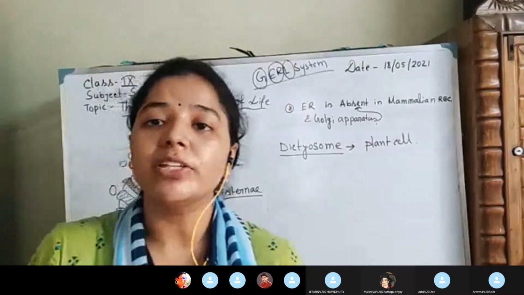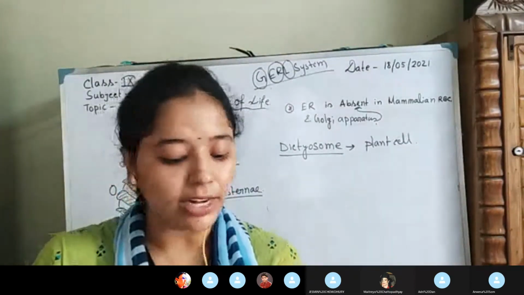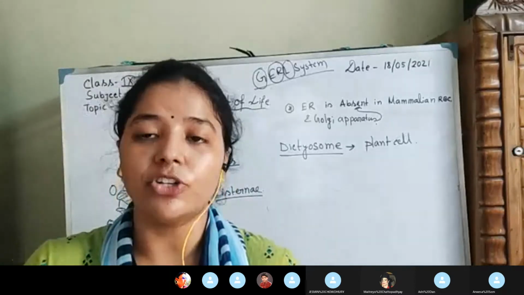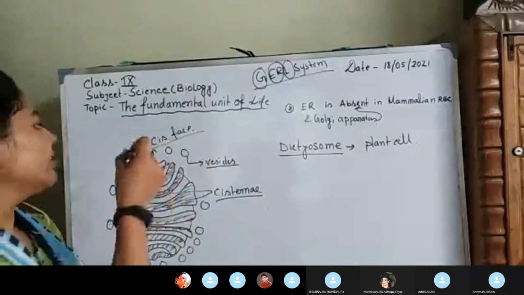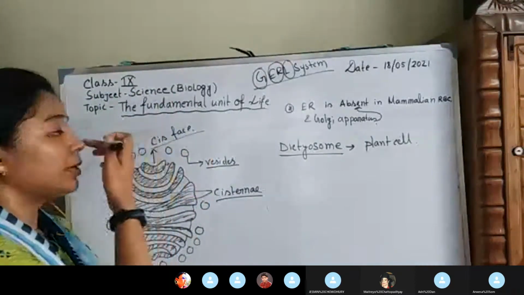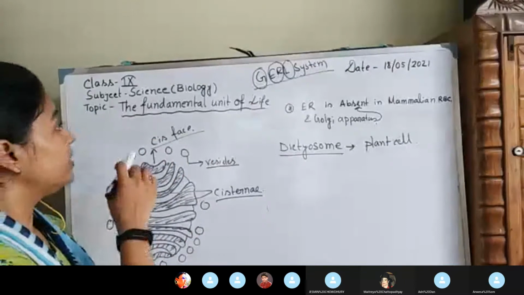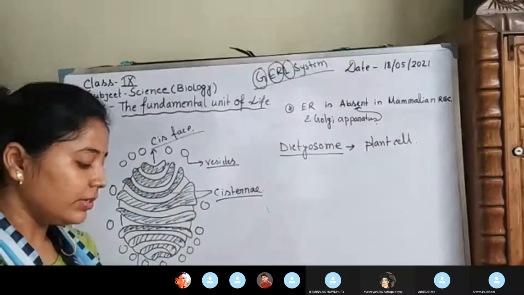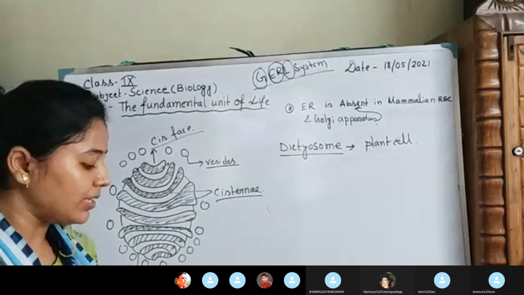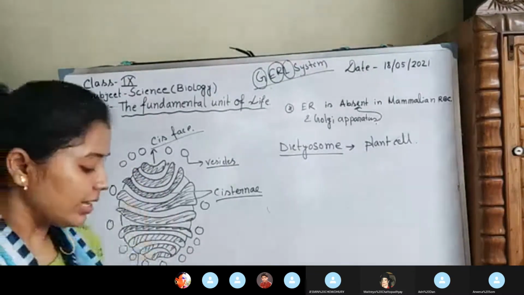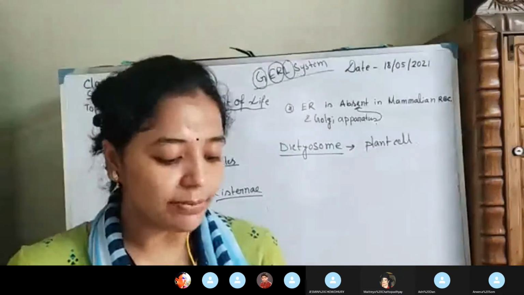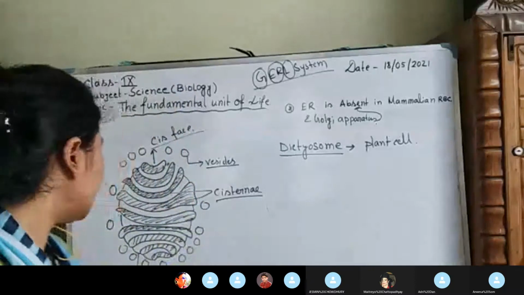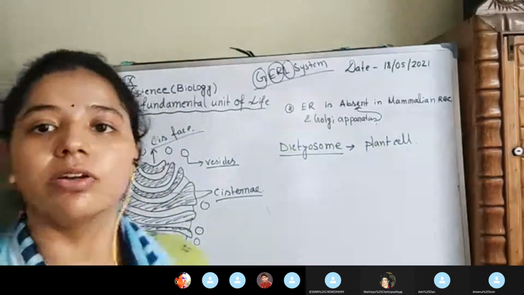Then they are dispatched to intracellular and extracellular targets through the vesicles developed on the sides as well as the maturing concave or trans face. Then the things are packed and dispatched into the concave or trans face of the Golgi apparatus. Okay.